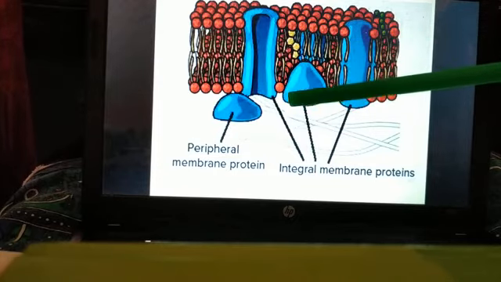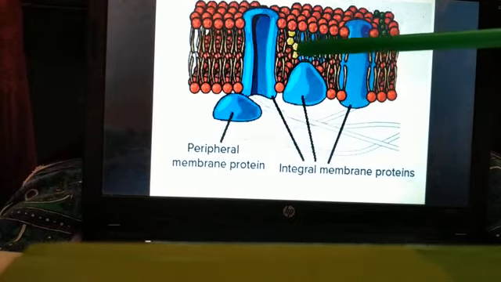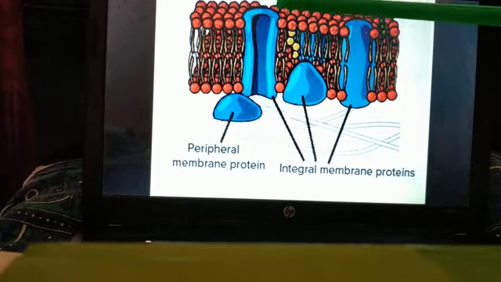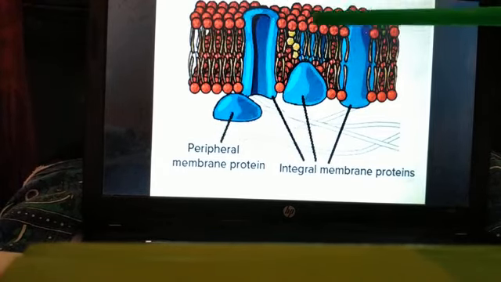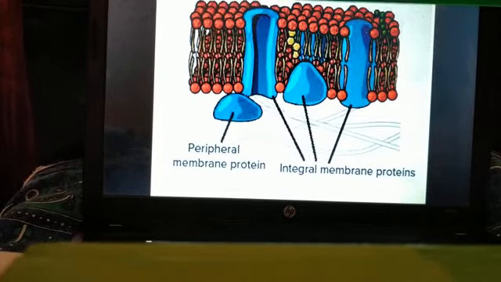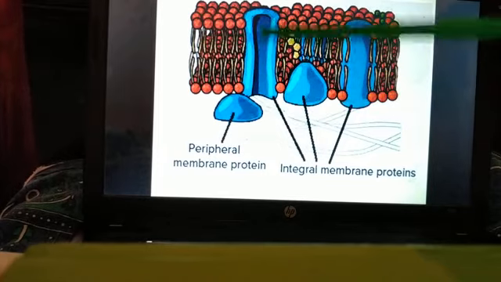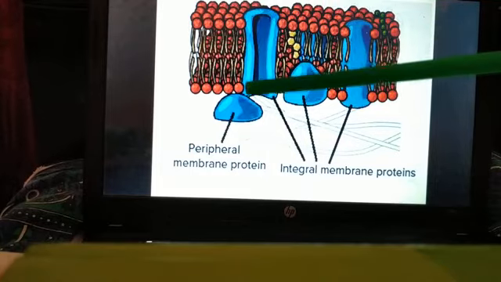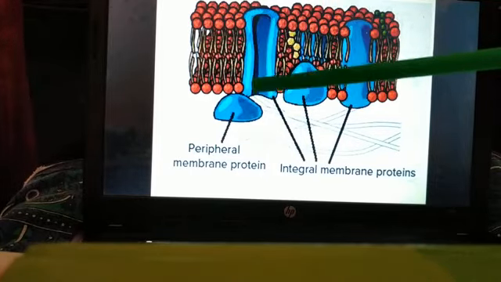This model has been accepted because it can explain the movement of water soluble substances also. Since water soluble substances cannot move through the phospholipid bilayer, they come here and move through this protein. So these are called transmembrane proteins or the channels or the pores.